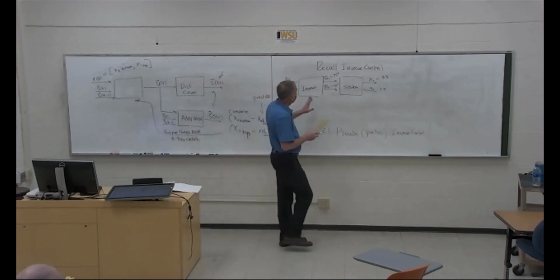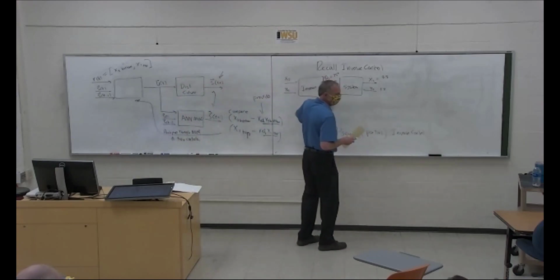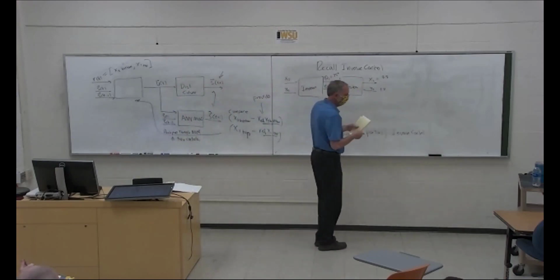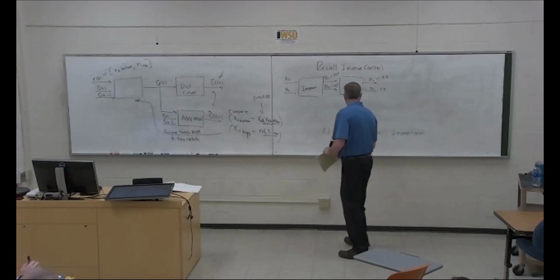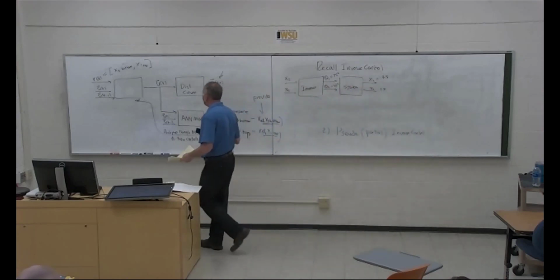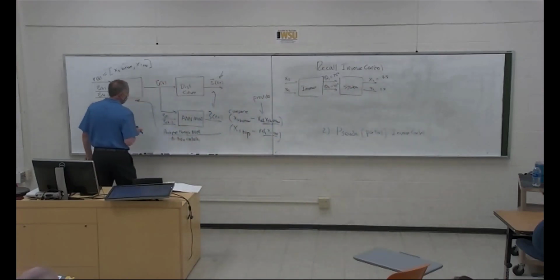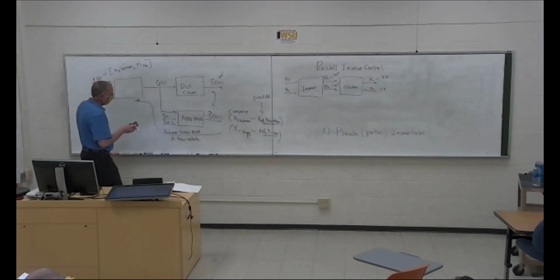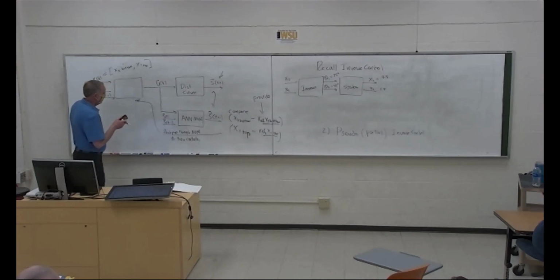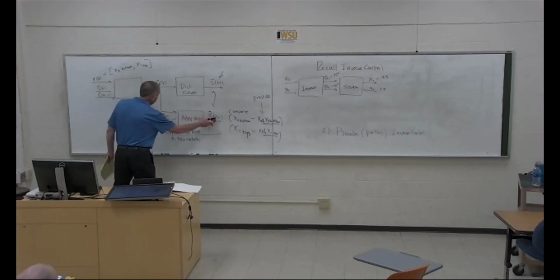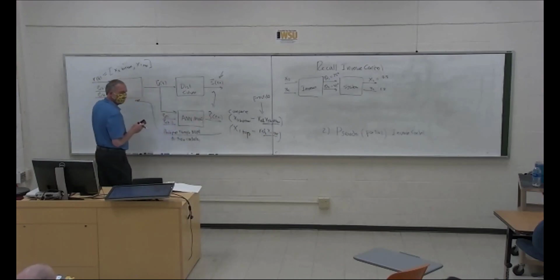Notice with this, you have inputs but no current states going through. A partial or pseudo inverse control, we'd be doing the same thing here, except we don't flip the states. We flip the reference values out of here and the outputs.